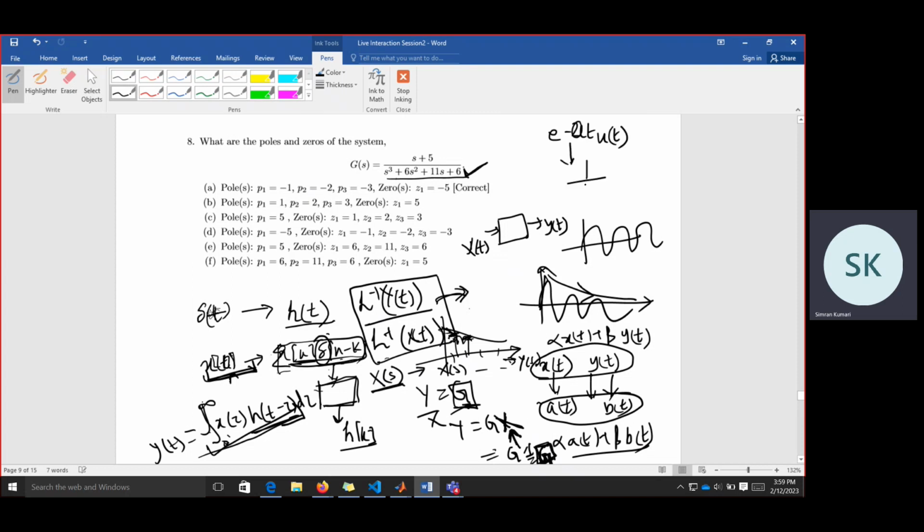What was its Laplace transform? 1 by s plus 1. Now, what is the pole? Minus 1. So if the pole is minus 1, what will the response be? It will be like this. So any initial condition x0, or here output y0, will evolve like this: y0 e to the power minus t.